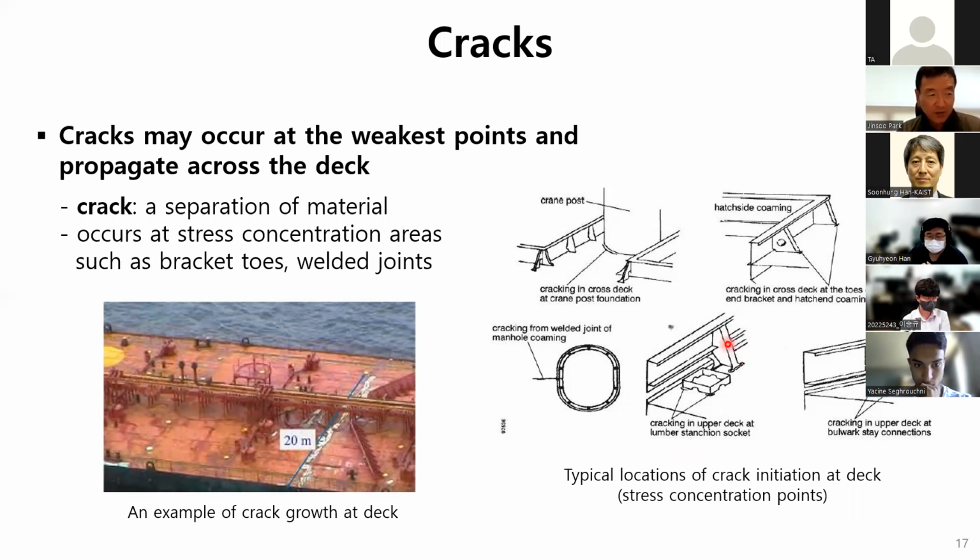In these figures, there are several sketches showing typical locations of stress concentration, such as the foundation of a crane post, hatch coaming, and the bracket, edge of manhole, and many kinds of appendages on the deck.